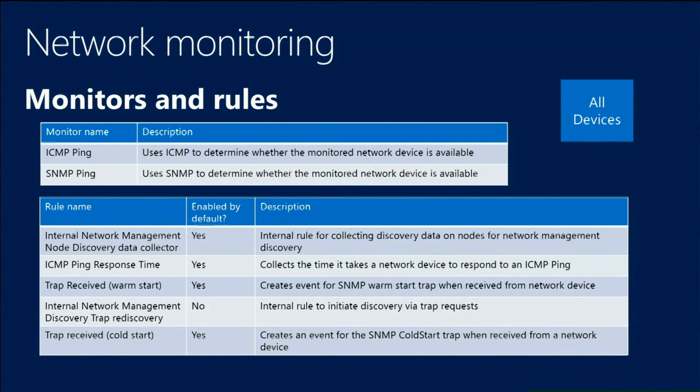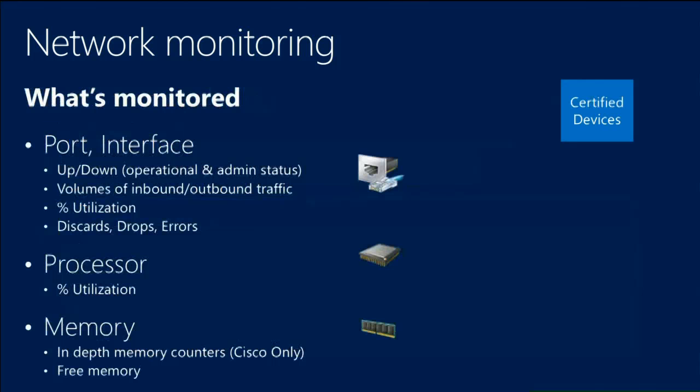We also have things like rules that will be trap receivers. So a number of devices can actually send us a SNMP trap if they had a warm or cold start, and you want to create an alert based on that. We actually have a rule enabled by default out of the box. And then some rediscovery, whether or not rediscovery was done, those are not enabled by default. And again, you could use overrides to change this.